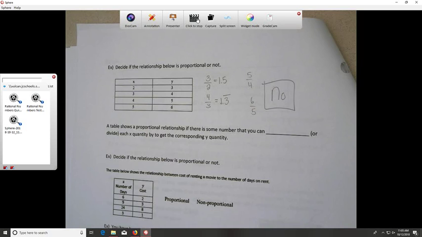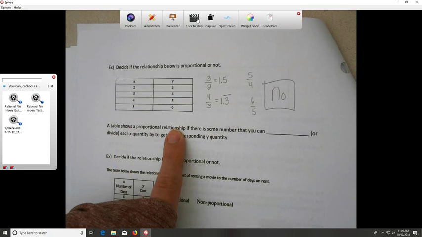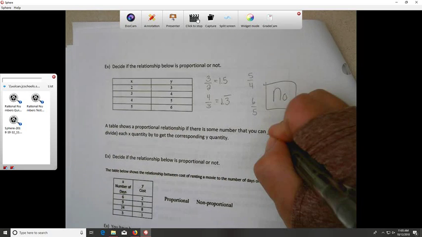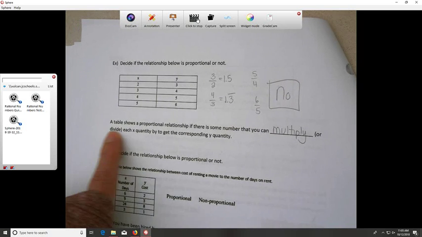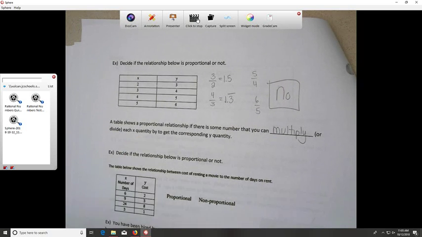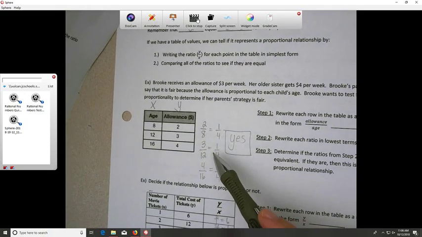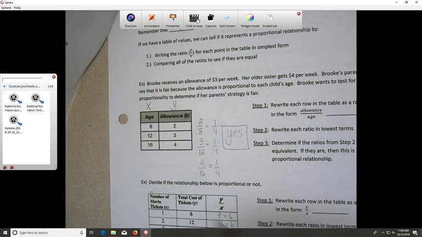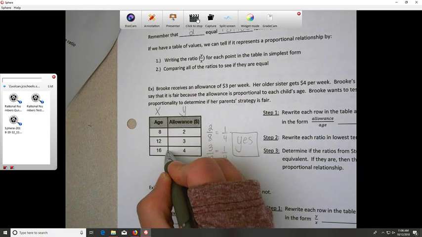There's also a shortcut method, but it doesn't work every time. It says the table shows a proportional relationship if there's some number that you can multiply or divide each x quantity by to get the corresponding y quantity. So if I look back at the ones that I already did, we said that this one with the age and the allowance was proportional, and each of these is being divided by 4 to give me the allowance.